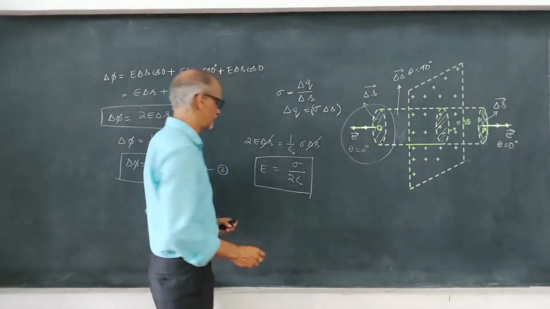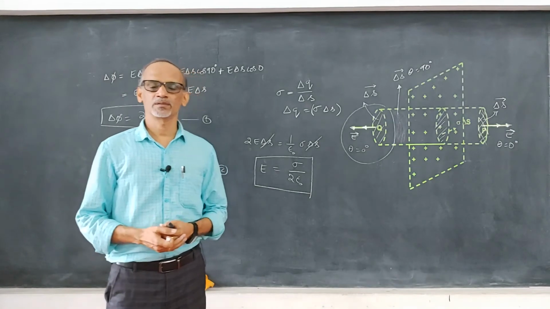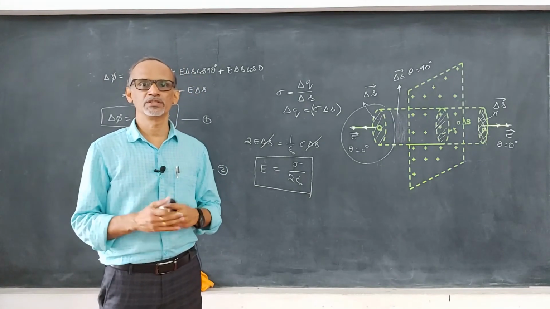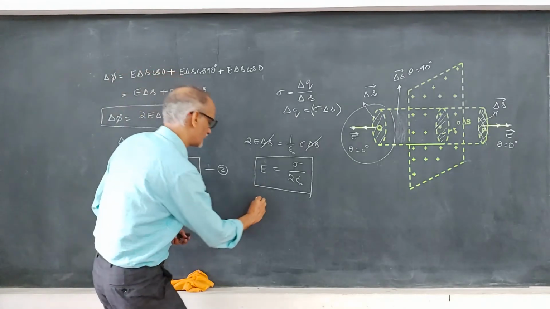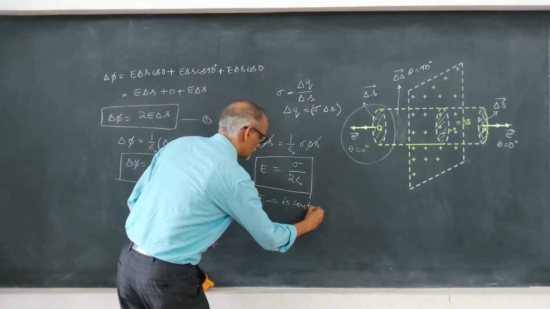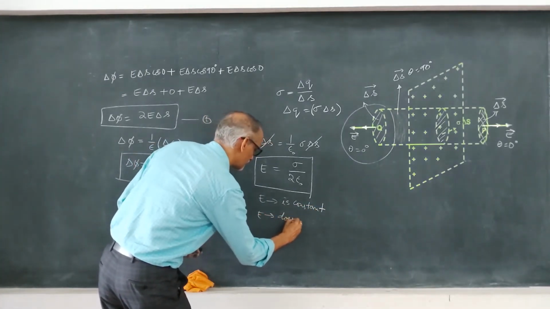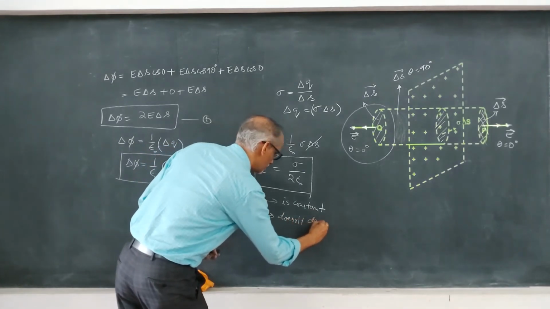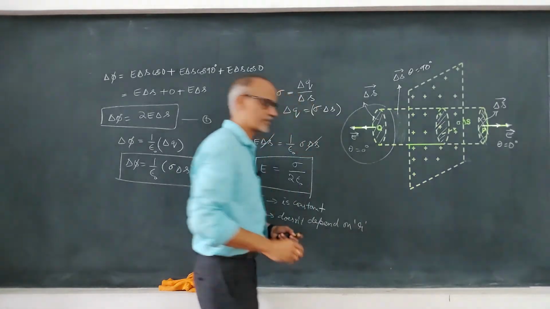So, this is the expression for electric field due to an infinitely long, uniformly charged thin sheet. And what you get to see here is E is independent of the distance, E is constant, it is uniform, and it does not depend on the value of r, the distance.